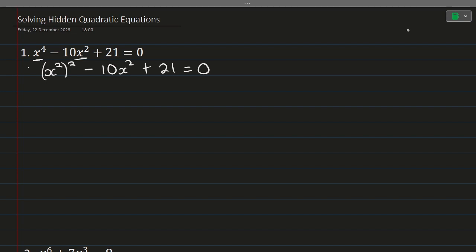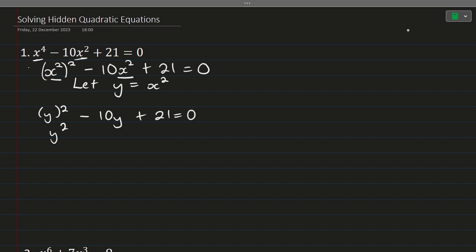Then we can say let y equal x squared, and wherever there's an x squared, replace it with y. So it becomes y squared minus 10y plus 21 is equal to 0.